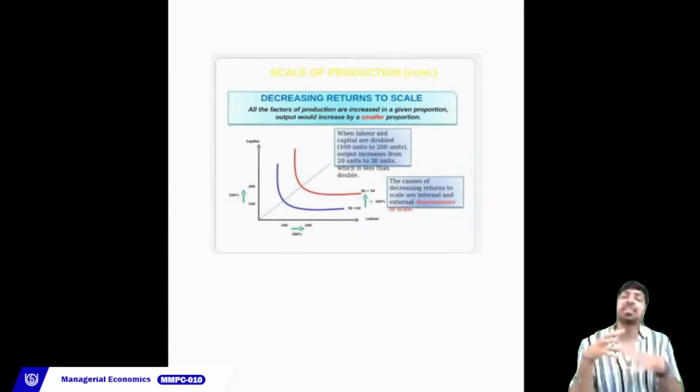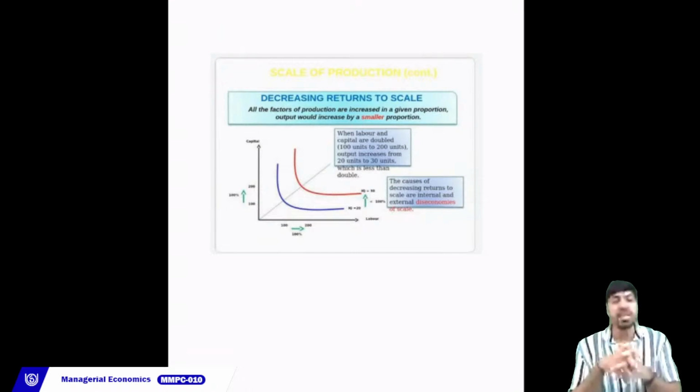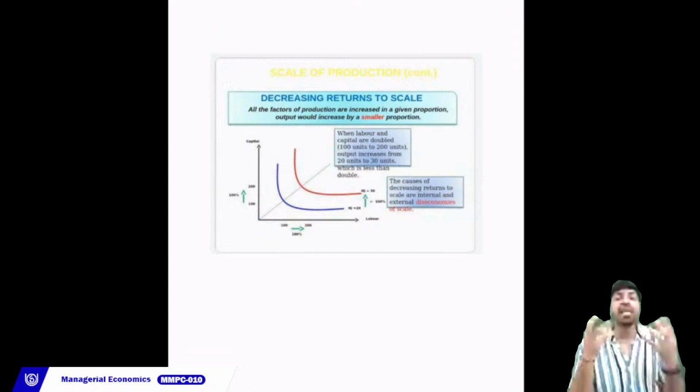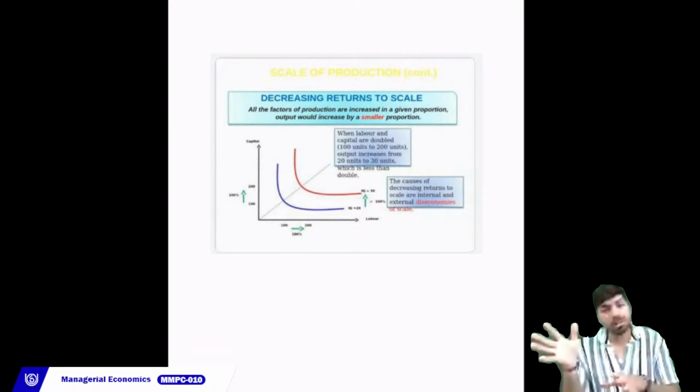And why the decreasing returns to scale? Because of diseconomies, where funds are not available for research and development, and where planning and coordination issues occur within or outside the organization.